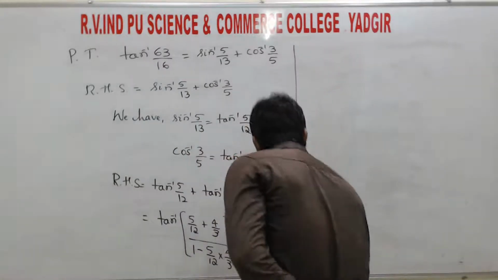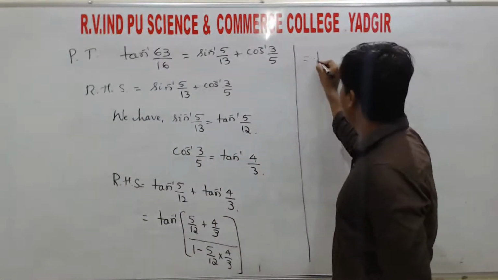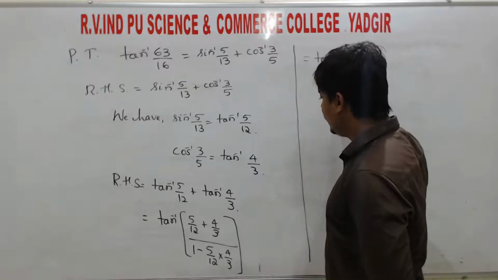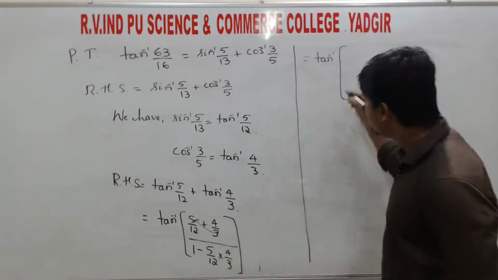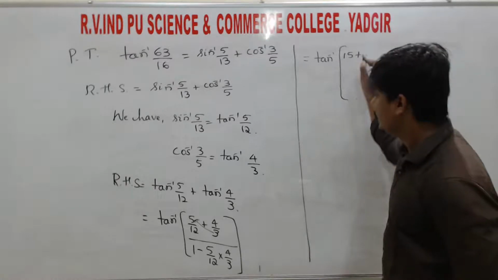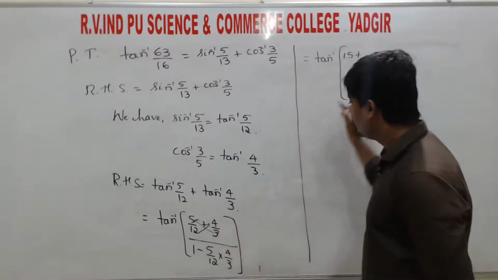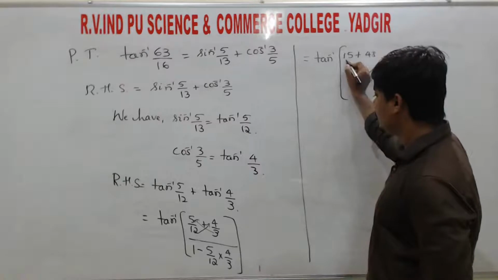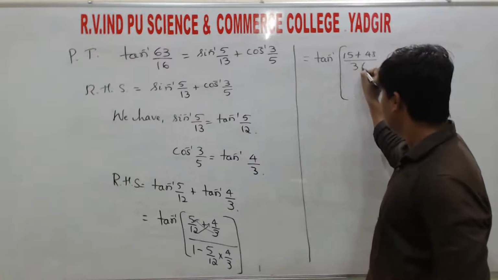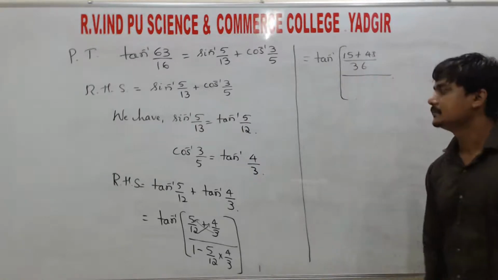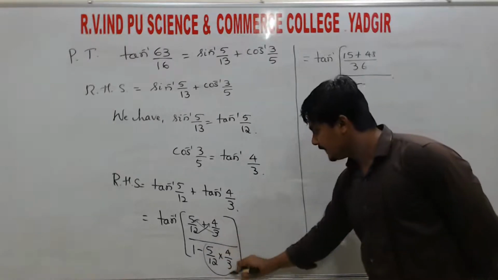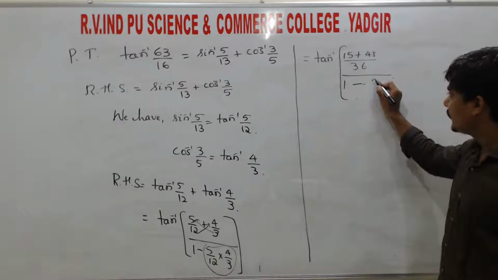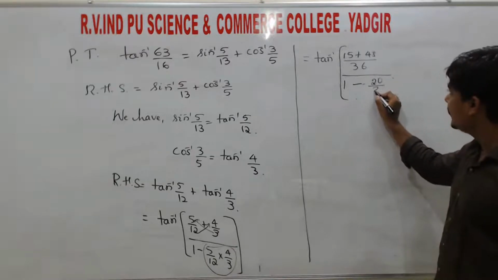This is equal to tan inverse of, take the LCM, 5 into 3, 15, 12 4s are 48, LCM is 36, divided by 1 minus, first multiply these two fractions, okay, 5 4s are 20, 12 3s are 36.